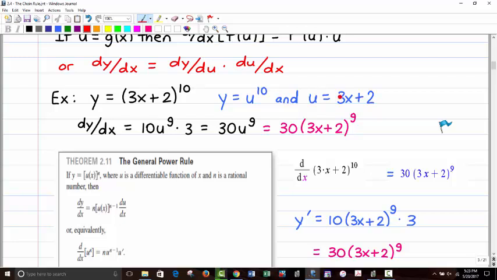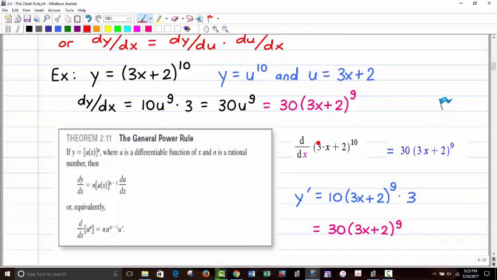The derivative of 3x plus 2 would be 3. So then you would multiply the 3 and the 10 to get 30. And then at the very end, you have to replace the u with what it's defined as. So your final answer must always be in terms of the original variable. So it's 30 times 3x plus 2 to the 9th. And Maple likes that. So that's good.